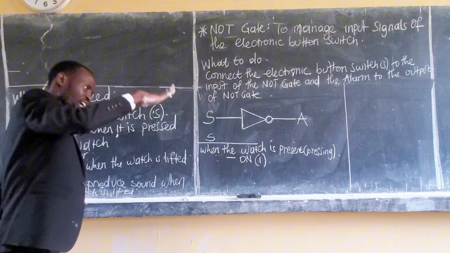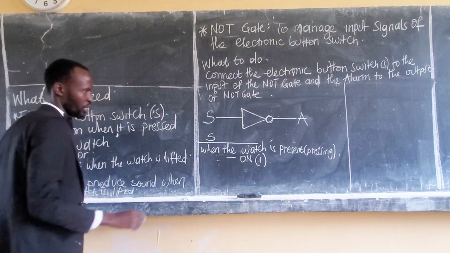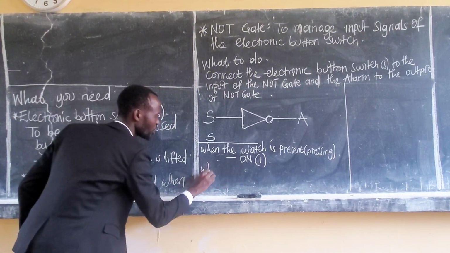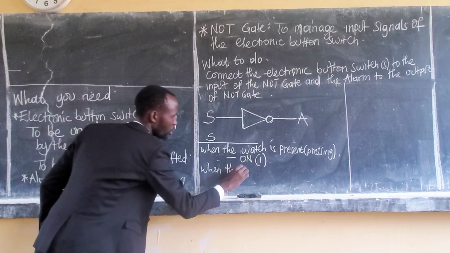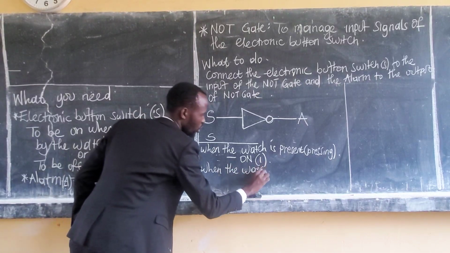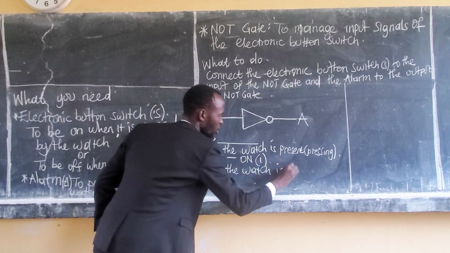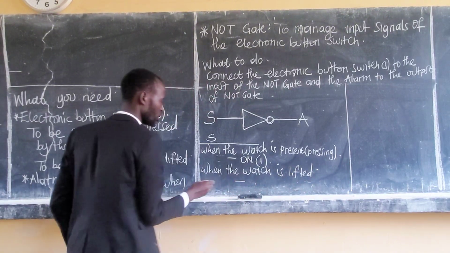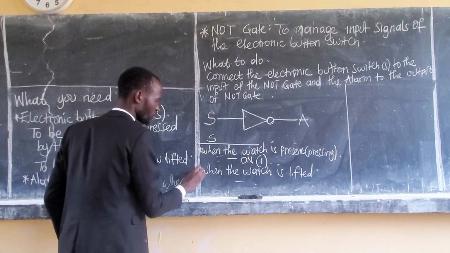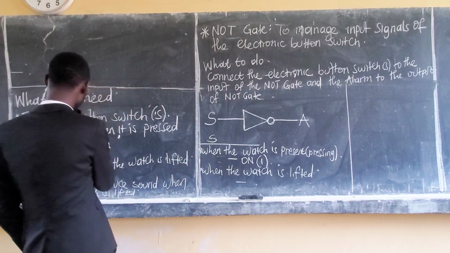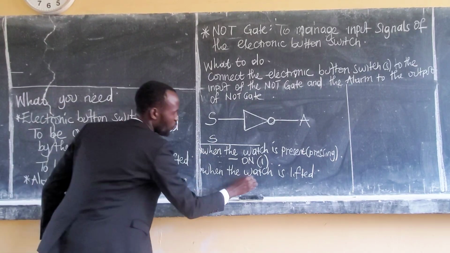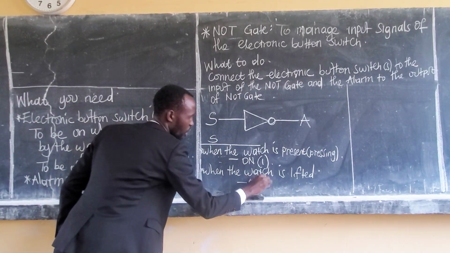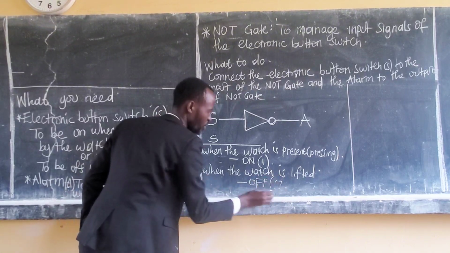Because when the watch is there, it is pressing it down, so it is on. What happens when the watch is lifted? When the watch is lifted, this button switch S will be off, and off is denoted by a 0.